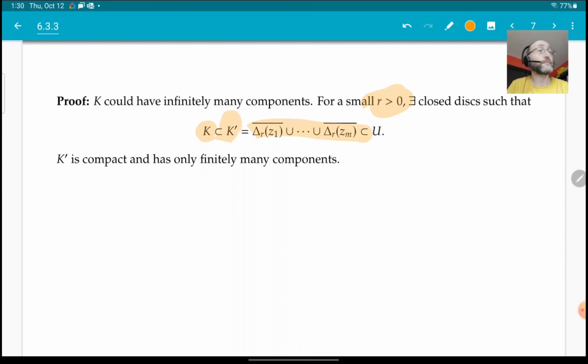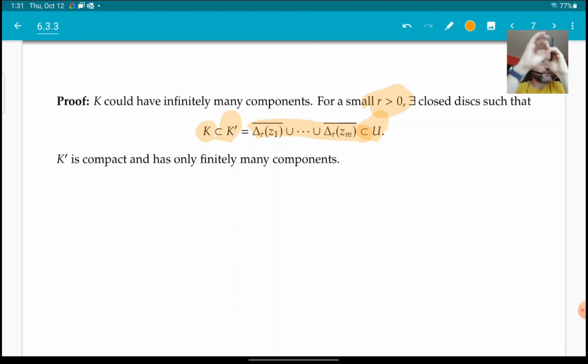And we're going to call it K prime. Now, K prime is compact. It's a finite union of compact things. It's compact. It's still a subset of U. That's how we picked the R. And it only has finitely many components. Well, it has at most M components, but probably fewer, right? I mean, M could be large, millions and millions of disks, but still finite, right?